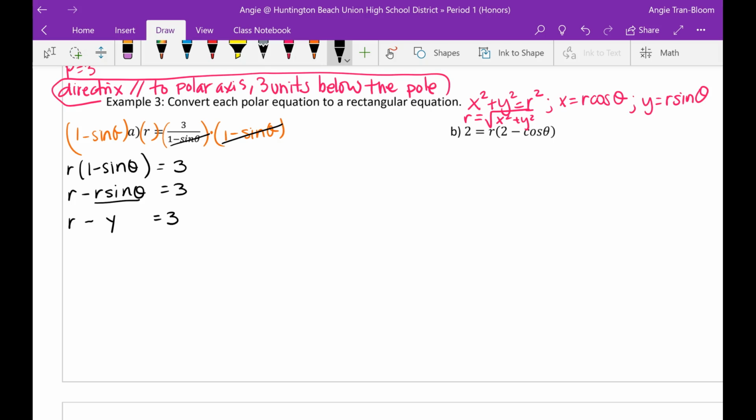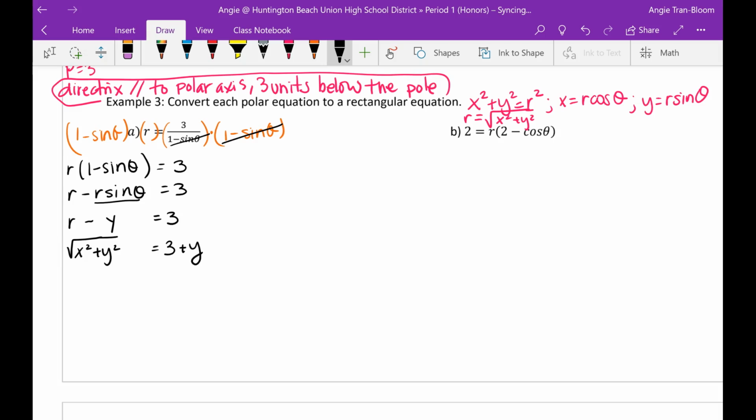Well, r is going to be the square root of x squared plus y squared, and drop down the other values. But instead of dropping it down, what I will do is move the y to the right-hand side. The reason is I will have to graph, and because I have to graph, I would need to put this in a standard form of one of the equations that I do know, whether it's a parabola or an ellipse or a hyperbola.